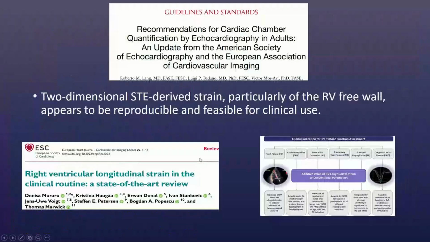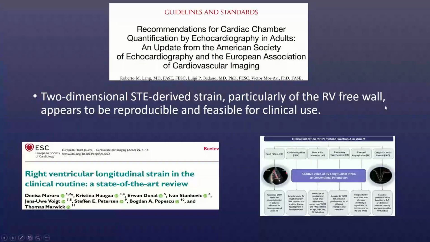And again, the other point that I would like to highlight to your attention is, once again, both American Society and European Association recommendation papers strongly suggest using two-dimensional derived strain to assess the right ventricle, particularly the RV free wall.